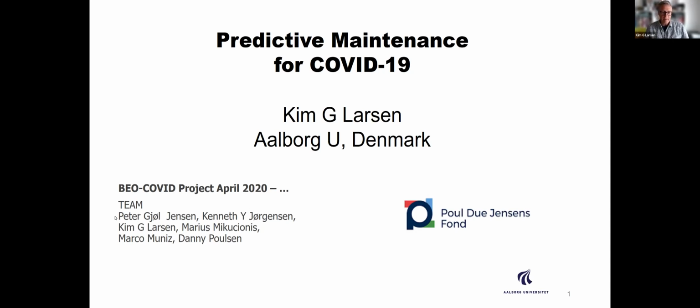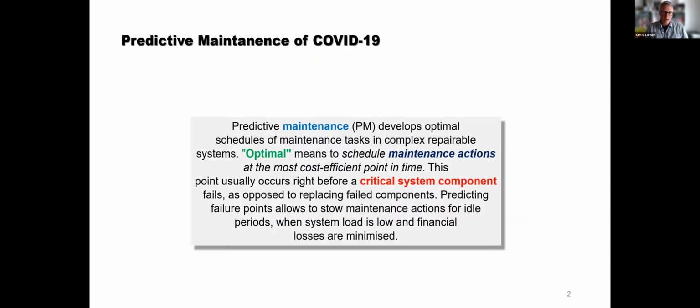So actually, there were many of us in our group, Peter Kjell Jensen, Kenneth Dyrk Jørgensen, Marius Mikučionis, Marco Muñiz, Danny Poulsen, they were just throwing whatever they had in their hands, and then we spent a lot of effort in trying to attack COVID-19 with UPPAAL.